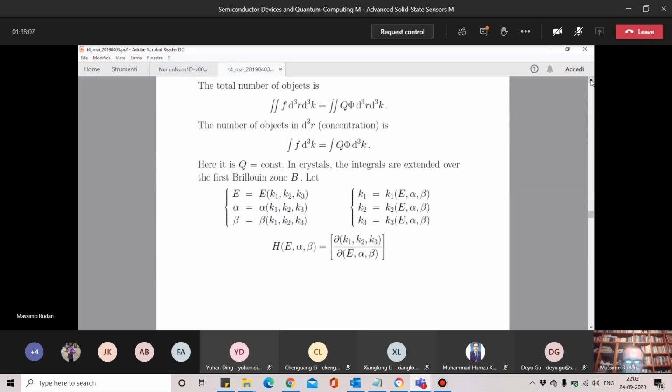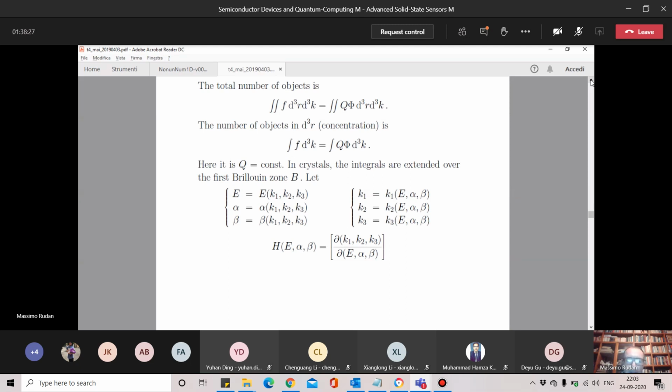And you remember that we found that in one dimension it is inversely proportional to the kinetic energy, in 2 dimensions it is a constant, in 3 dimensions it is proportional to the square root of the kinetic energy, okay?